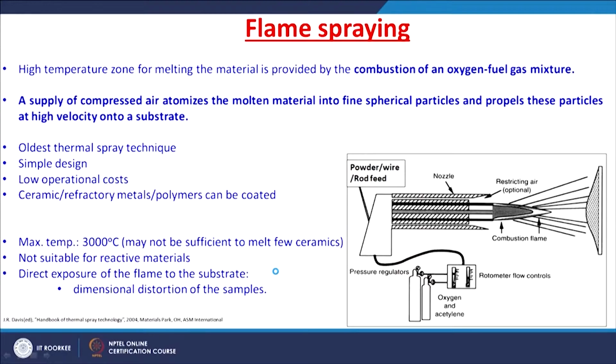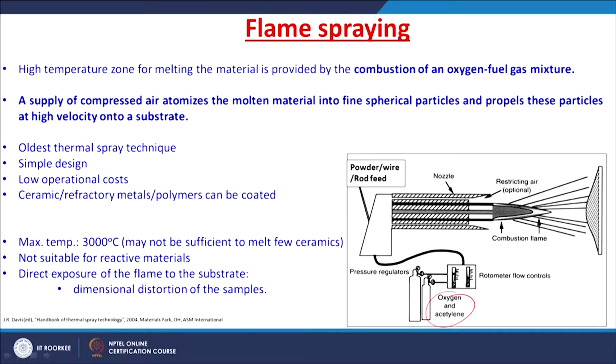The other technique is the flame spraying technique. The high temperature zone for melting the material is provided by combustion of an oxygen fuel gas mixture. Generally the fuel is acetylene gas.